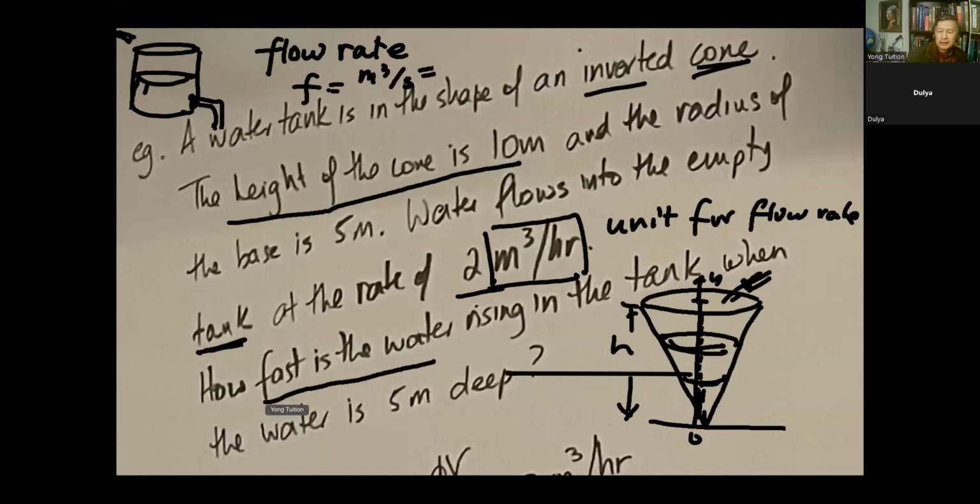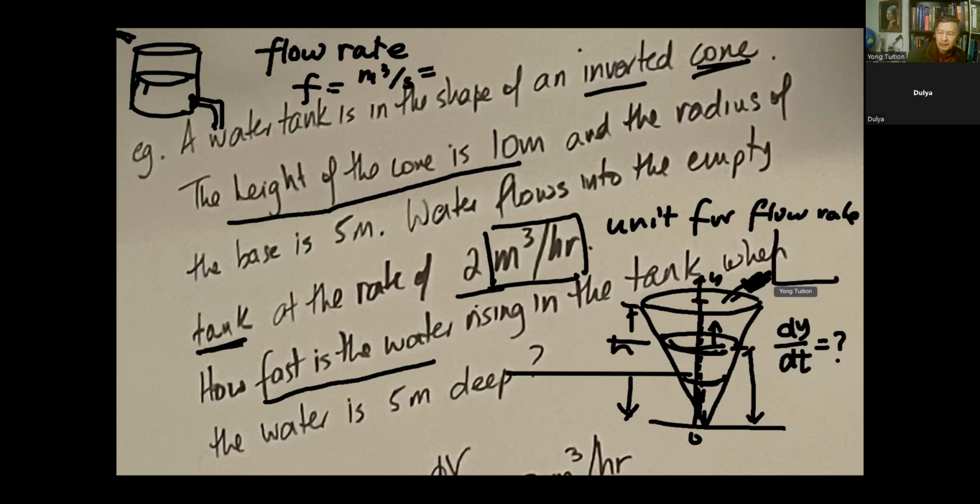So they ask you how fast this h changes. H is, I mean, it's y here. So they will ask you how fast y changes. So this level is increasing at a certain rate. This rate can be written as dy/dt. They are asking for this rate if the water is coming from another container.